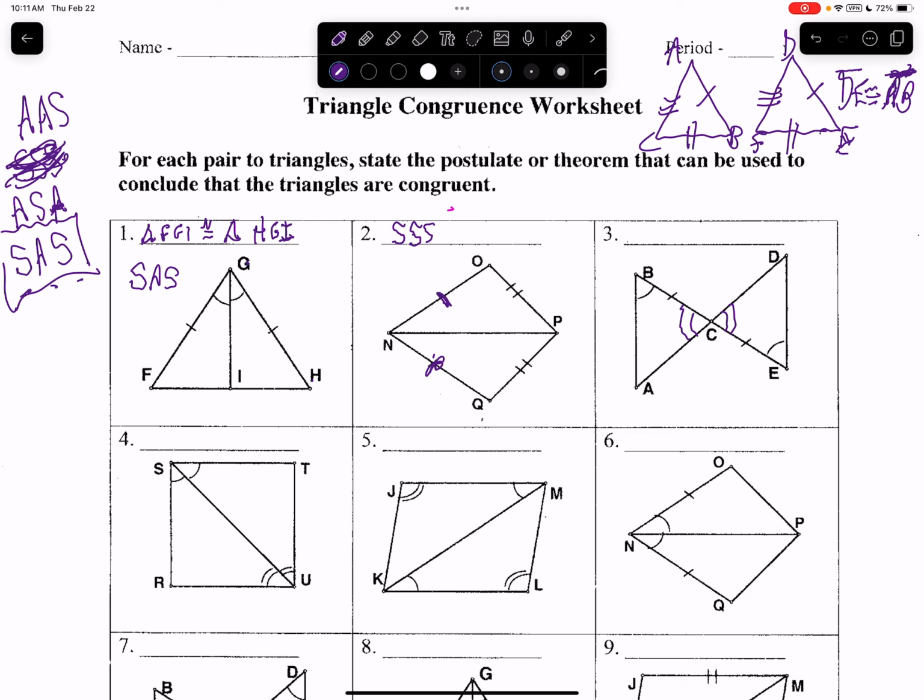The two triangles are congruent because of angle, side, angle, ASA.